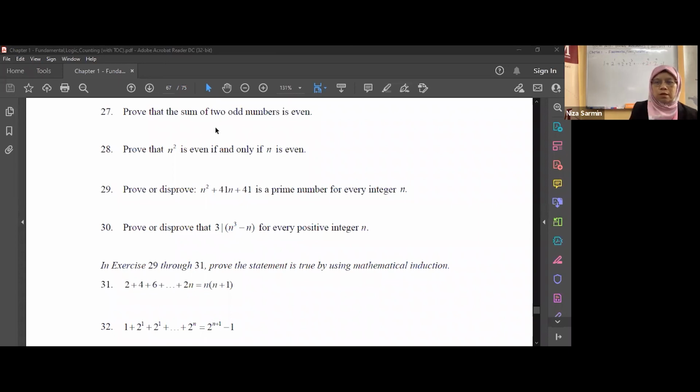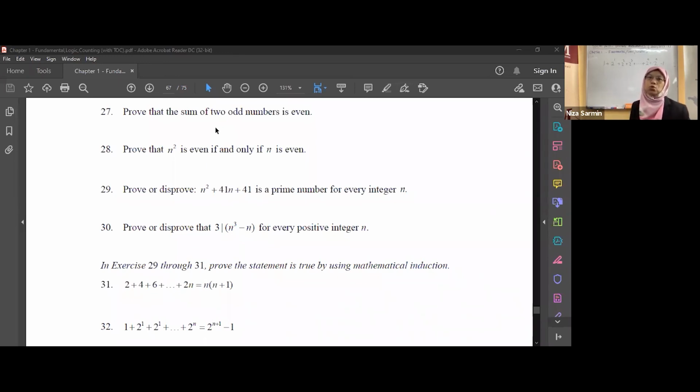So you can show it's true for 1, show it's true for k, assume true for k. I think it's quite straightforward. You just add 2 to the k, and then this is 2 to the k minus 1 plus 2 to the k, right?